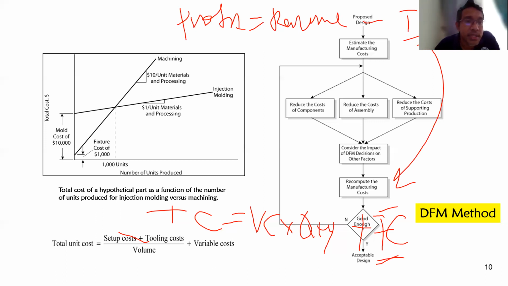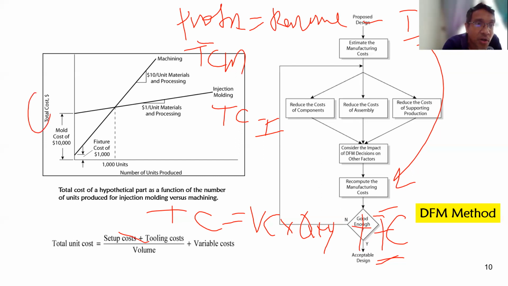From this graph, you can see this is the total cost for injection molding, and this one is the total cost for machining. The lines have different starting points.